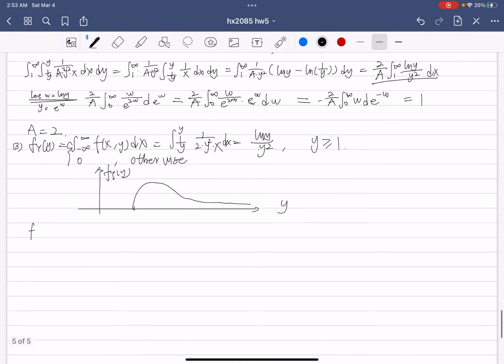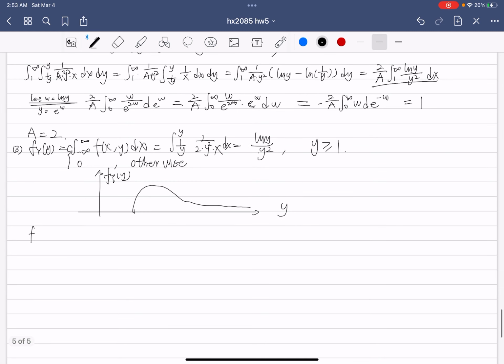Then we find the density function of x. It's the integral from negative infinity to infinity of fxy dy, which is the integral from 1 over x to infinity of 1 divided by 2 times y squared times x dy.